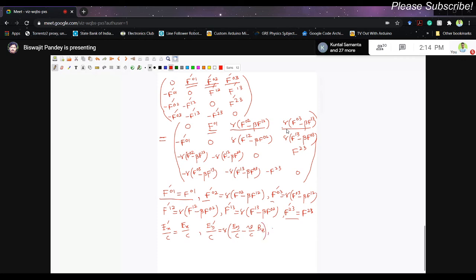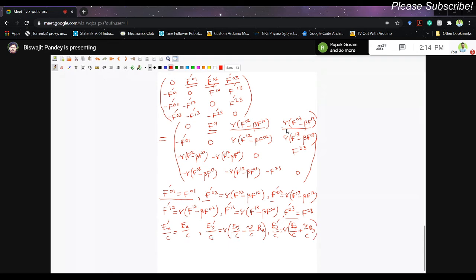And let us write this down also. Ez prime by c is equal to gamma times Ez by c plus v by c, and sorry, minus or plus? Minus. This is antisymmetric, so v by c into by, right? So you can just compare.